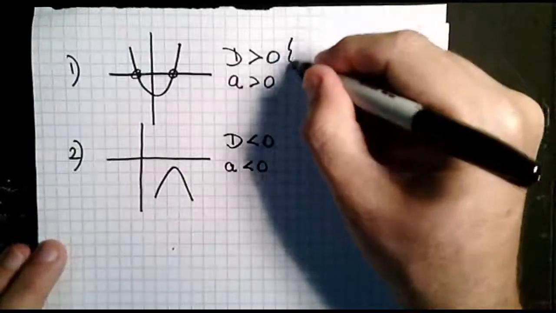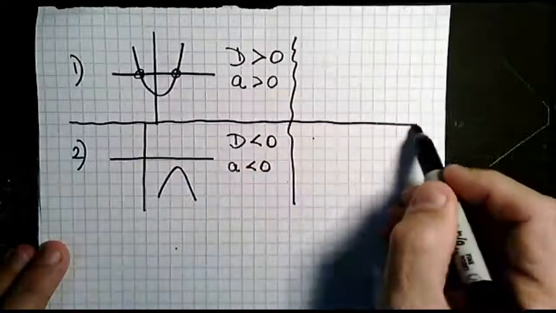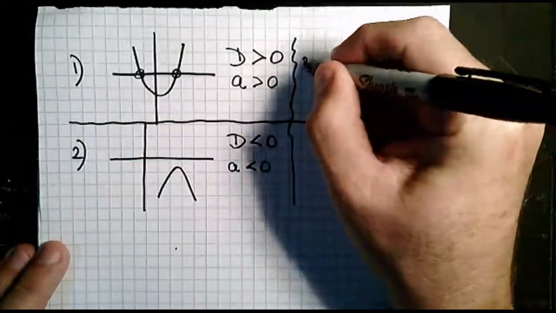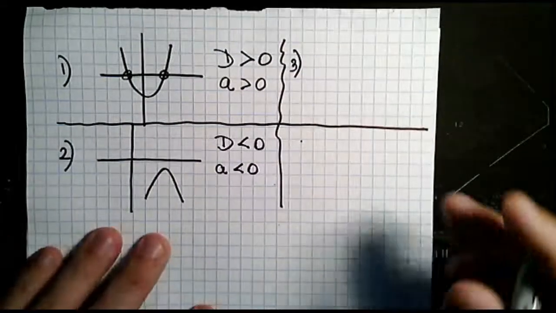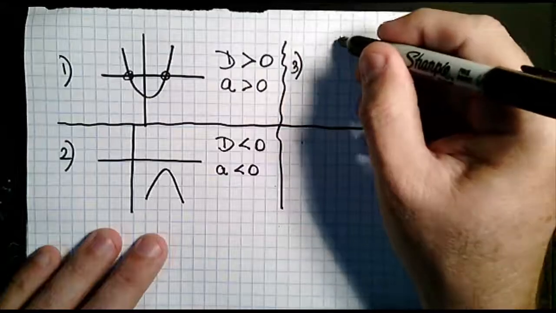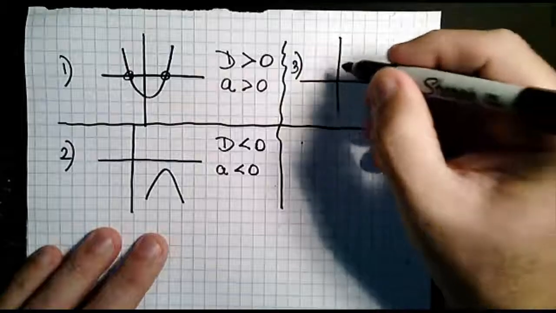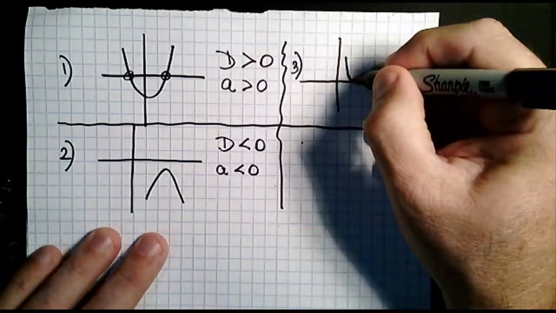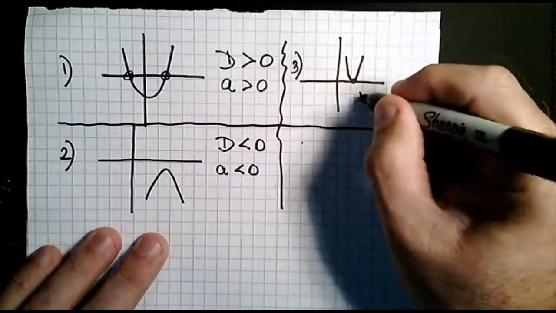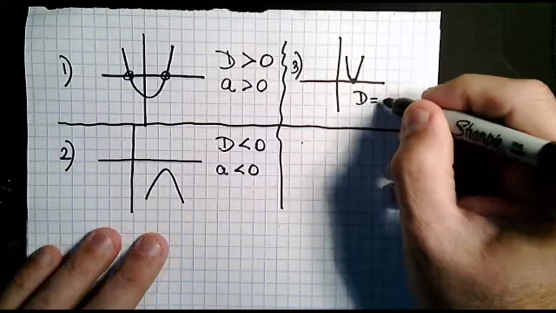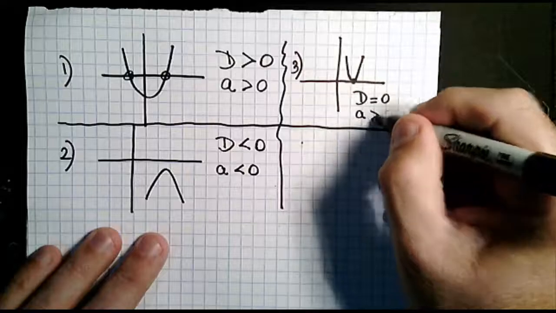Okay, let's go here. I have a space to work over there. So I will do like this, situation number 3. In situation number 3, I have my graph like this. The parabola touches and goes up. So it touches 1 point. The discriminant is equal to 0 and A, because this is a happy face, is greater than 0.